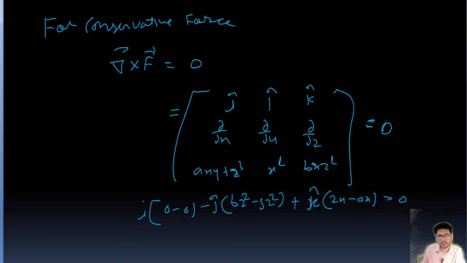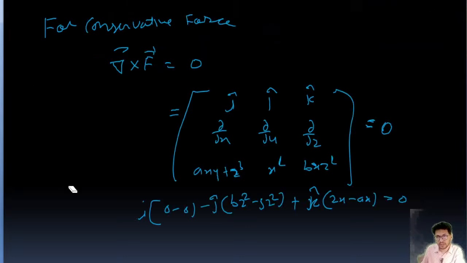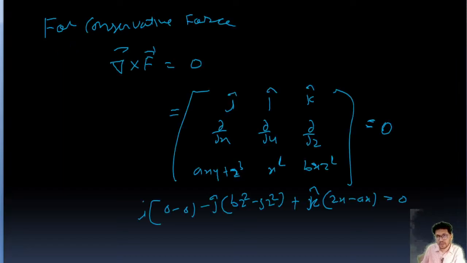So this value is 0, so this implies we'll find the values. So values are going to be minus j cap. Here we can solve, right?